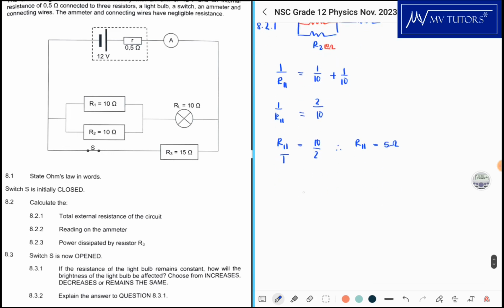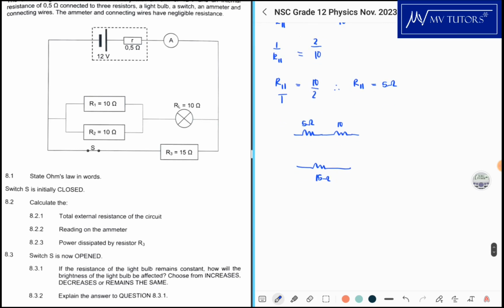Now what are we left with? We have the 5 ohm resistor in series with the 10 ohm resistor, and all of that is parallel to the 15 ohm resistor. So we add the 5 and the 10. We have our parallel resistance plus the resistor L, which is 5 plus 10.